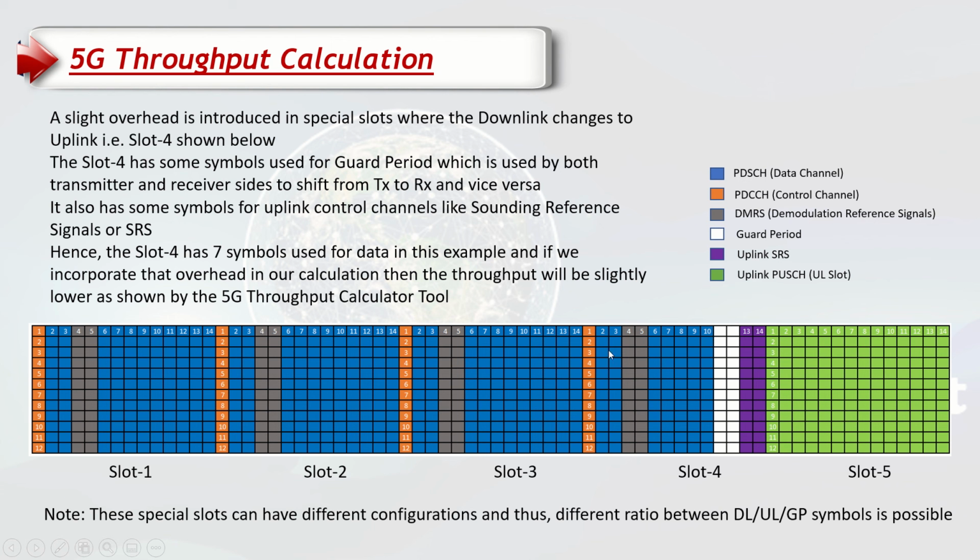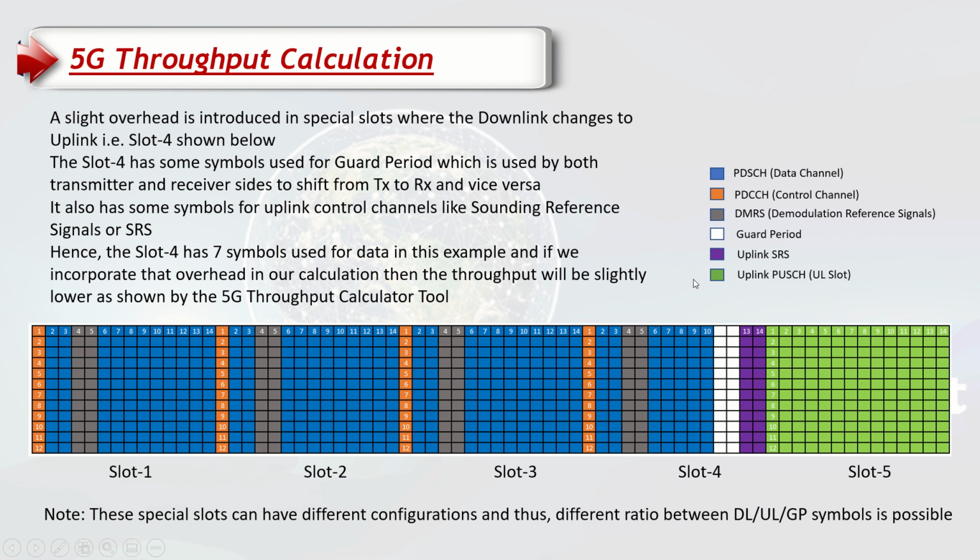When we calculate that overhead in our throughput calculations, our throughput calculation will come out to be somewhat similar to what we saw on the throughput tool. In our previous calculation, we calculated all 4 slots as downlink. So if we remove these 4 symbols from every 4th downlink slot, then our throughput will be somewhere around 1.5 Gbps, 1.51 Gbps, which we saw from the tool as well.